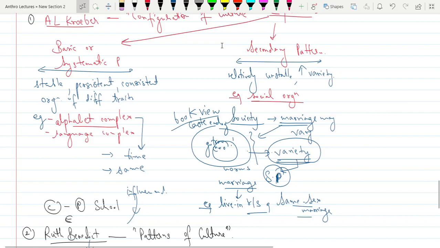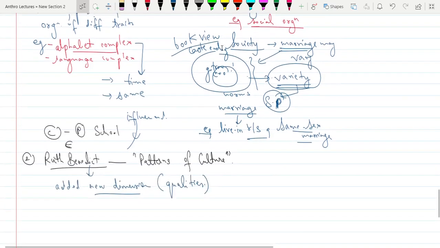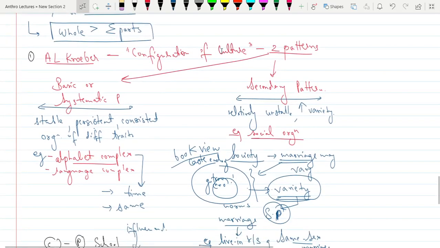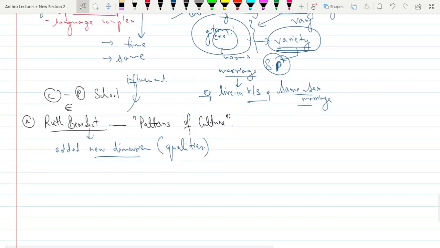Moving forward, Ruth Benedict was also very much influenced by A.L. Kroeber. She was a student of Franz Boas, and she belonged to the school of culture and personality. In her book Patterns of Culture, she added one more dimension to A.L. Kroeber's classification. She adds a new dimension of qualities.